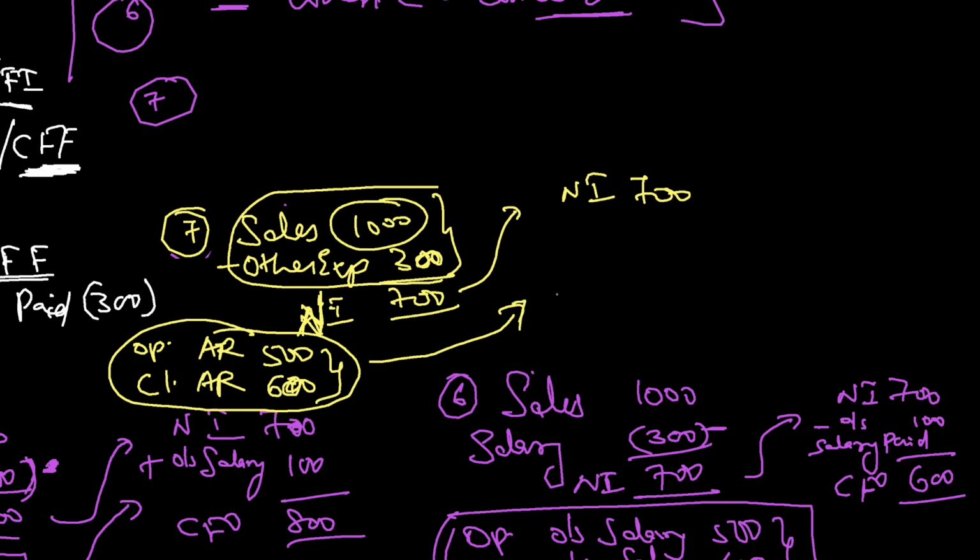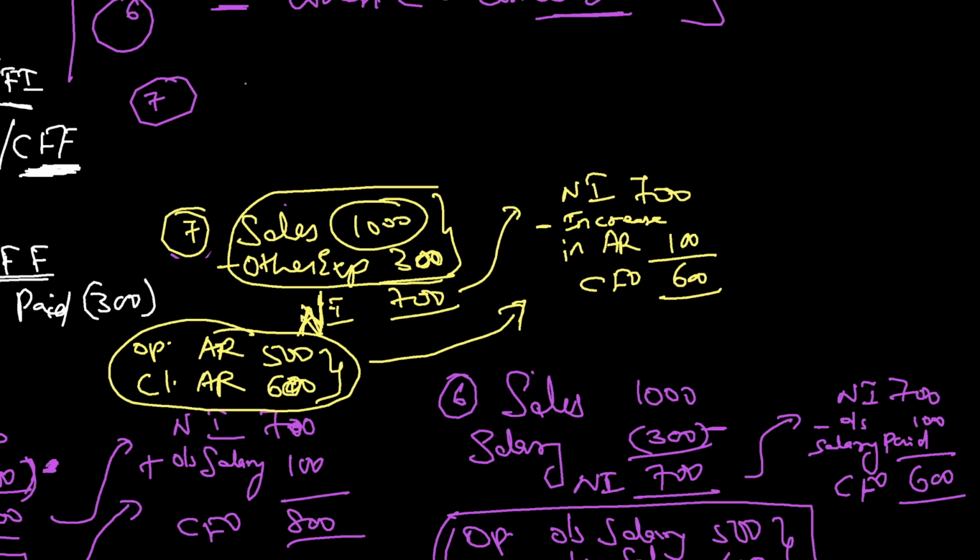So the rule that I'm going to follow is, because account receivable has gone up, that means I have not got this cash. 100 cash I have not got because it has gone as credit sales. So I will reduce this from the cash transactions. So minus increase in account receivable 100, so it will come to 600 CFO.